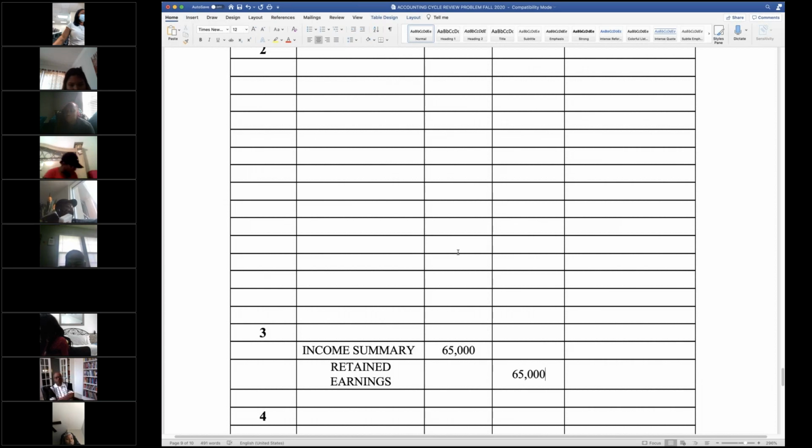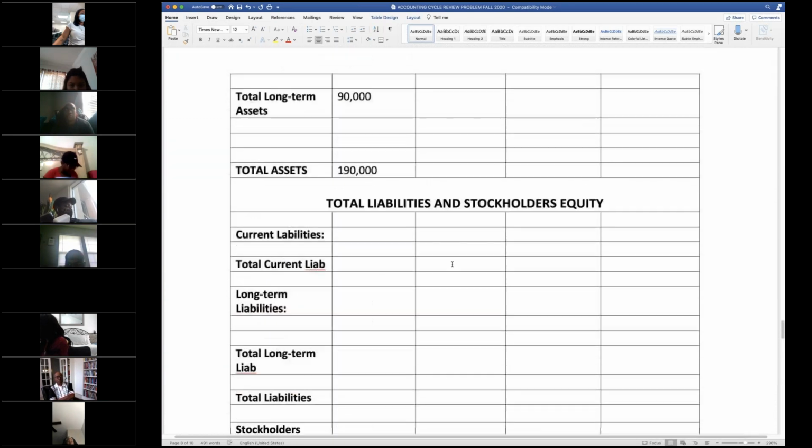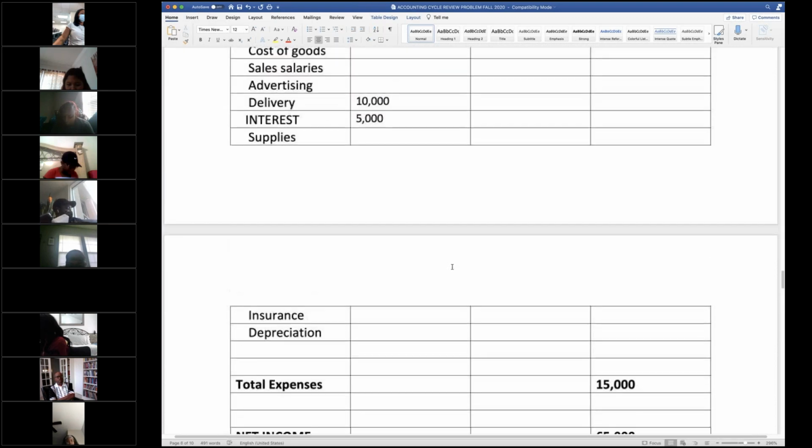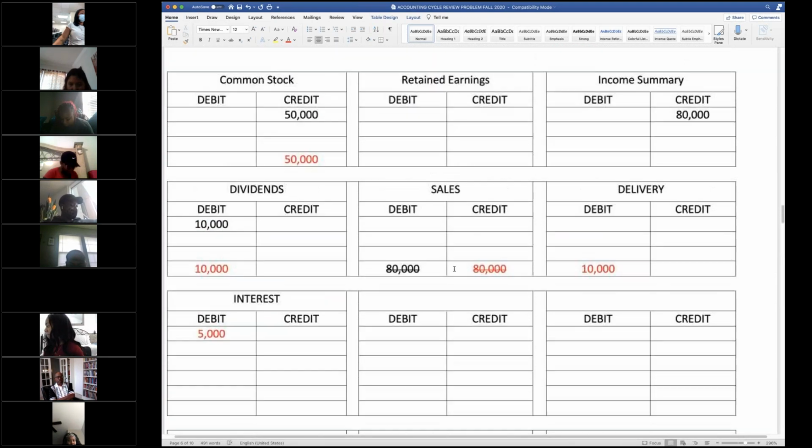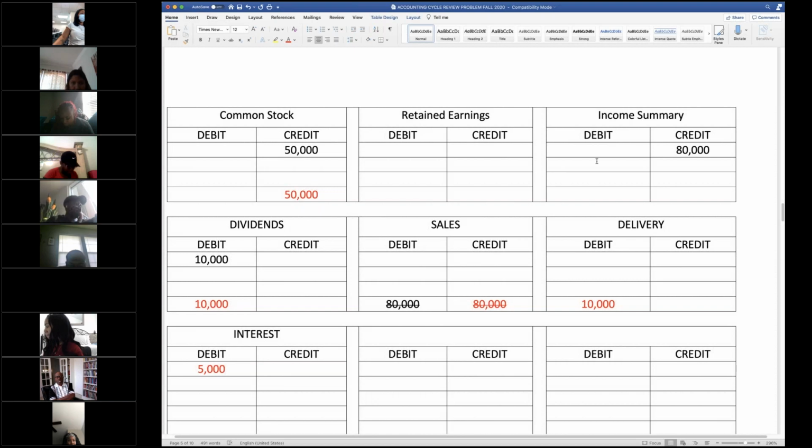We got to post this too. So every time you make a journal entry, you have to post it. So in this one, we debited income summary 65,000, and we credited retained earnings for $65,000.